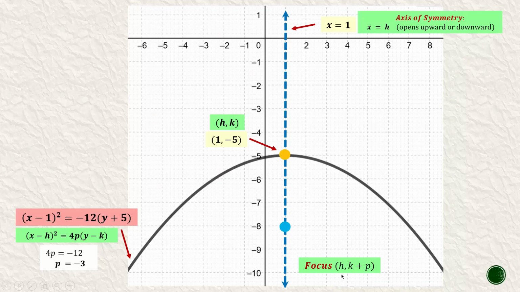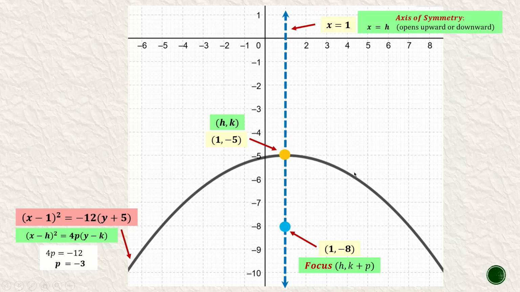Whatever the h of your vertex is, that's going to be the h of your focus, the x coordinate, and that's 1. For the y coordinate, the formula is k plus p. So k is negative 5 plus negative 3, that's negative 8. Now we have these coordinates.